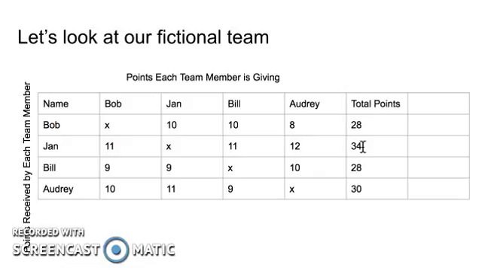And 34 points is going to be the high level for peer evaluation. So what's going to happen is that Jan is going to get, in her grade book, 34 out of 34, which we know is 100. The rest of the people are going to get, in the case of Bob and Bill, 28 out of 34. Audrey's going to get 30 out of 34.